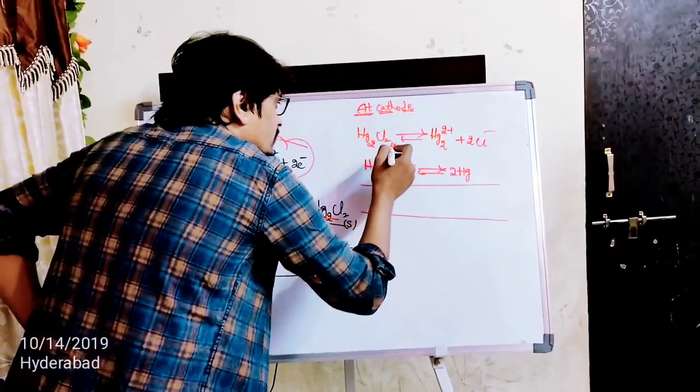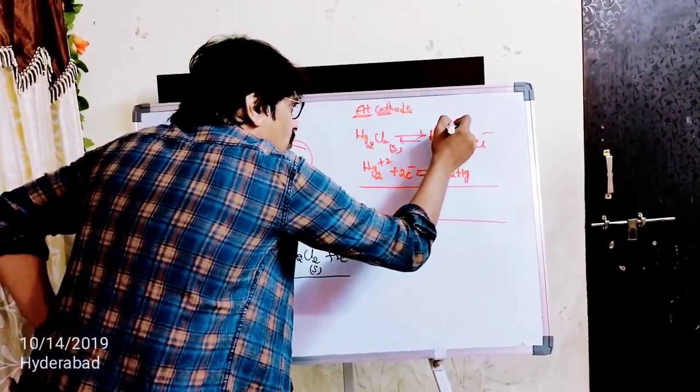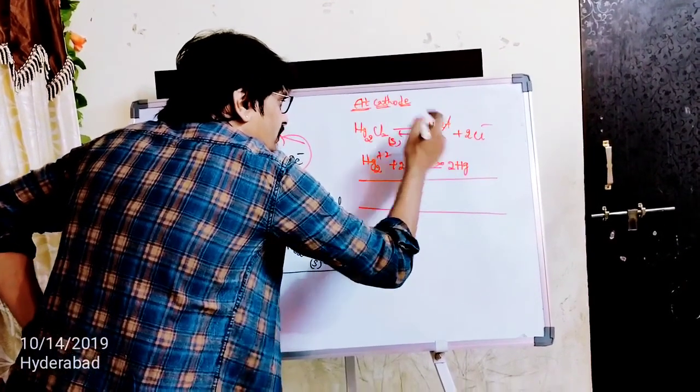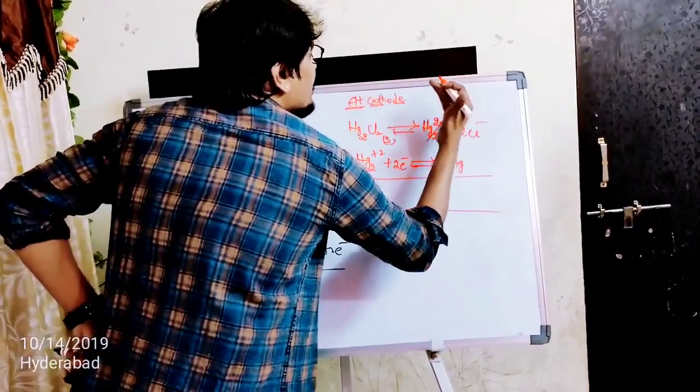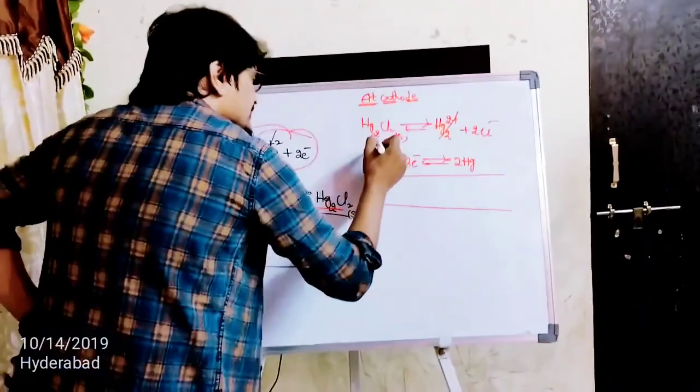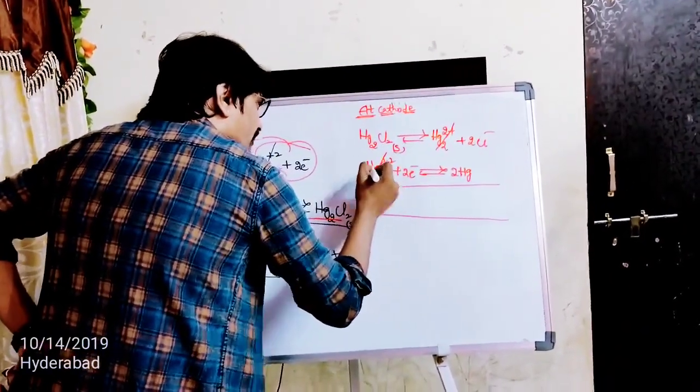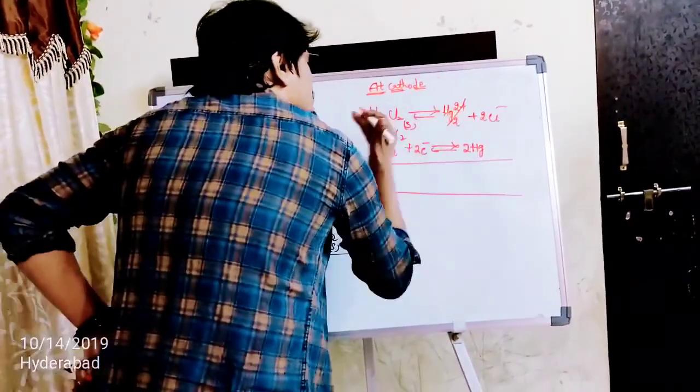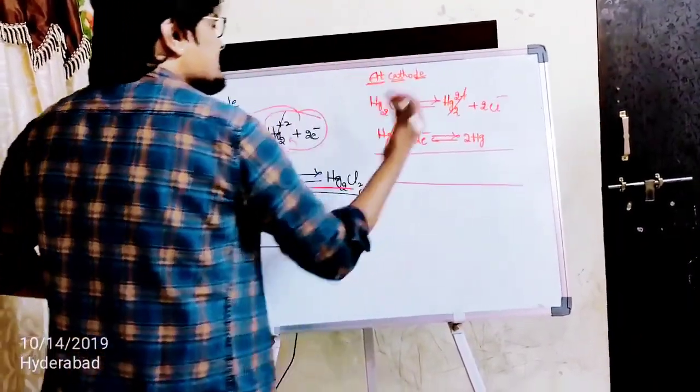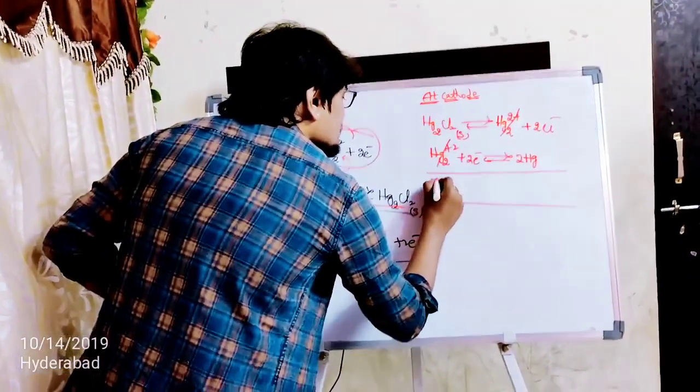Accordingly, Hg2 2+ ions are on the right side of the first reaction at the cathode, and on the left side of the second reaction, so both can be cancelled.